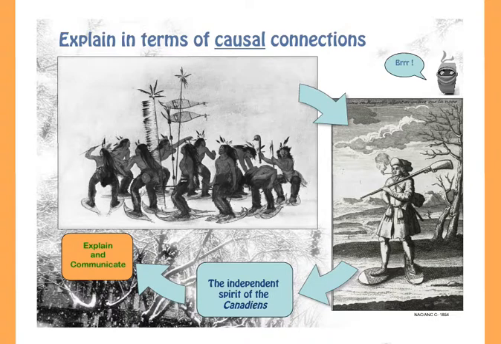For example, when I'm trying to explain the independent spirit of the Canadian, I can relate it to facts found in images of winter, of the temperature and the climate they lived in, images of the way the natives lived in that climate, and images of what the French Canadians took from the natives. In this picture, adapting to the cold by copying their dress, their snowshoes.